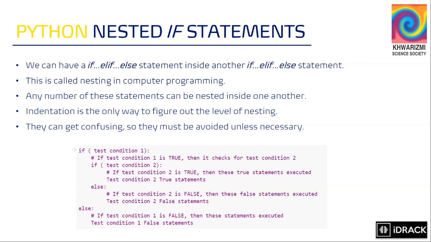So this would be the main if and else. This would be the second level if and else. There could be a third level if and else and a fourth level and so on. But again, the more levels of nesting that you do, the more confusing it is probably going to be. We're still going to try and do one example at least with nested if statements.